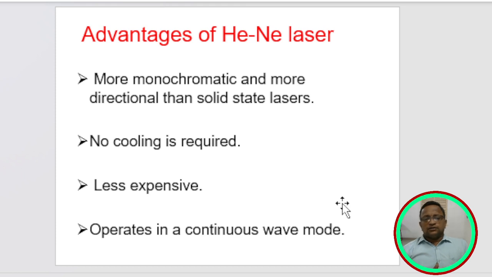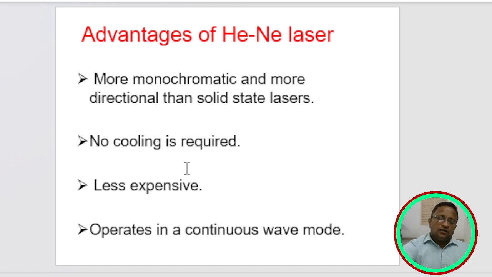And of course, we have several advantages by using the helium neon laser when compared with the ruby laser. This is a gas laser and it can emit continuous laser pulses, and the cost is also low, less expensive when compared with the ruby laser.